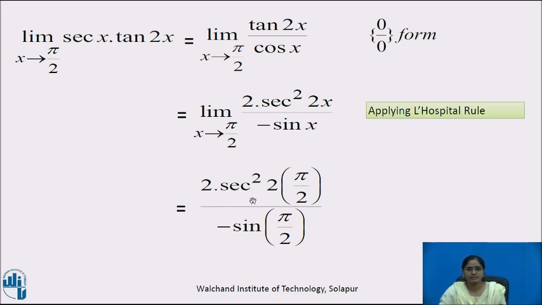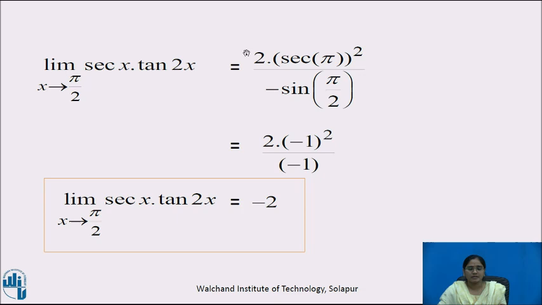Now 2 into sec square 2 into, in place of x, write the limit pi by 2, minus sine pi by 2. Here you get 2 into sec square pi, minus sine pi by 2. As we know, sec pi is minus 1 and sine pi by 2 is 1. After the simplification, you will get the limit x tends to pi by 2 of sec x into tan 2x as minus 2.